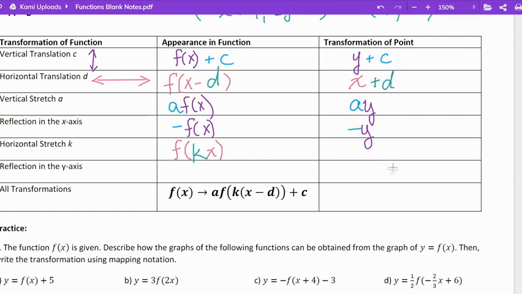So it's going to be x over K, or you can write it as 1 over Kx. But basically, whatever your K is, you write the reciprocal of it. Those x's are really causing us havoc. X's are always the opposite of what they appear to be.